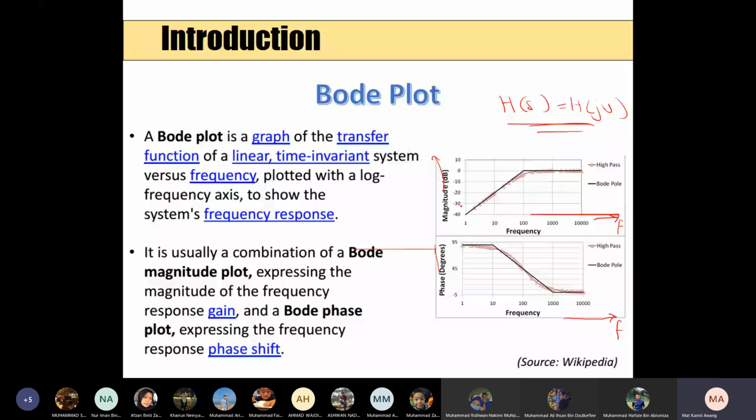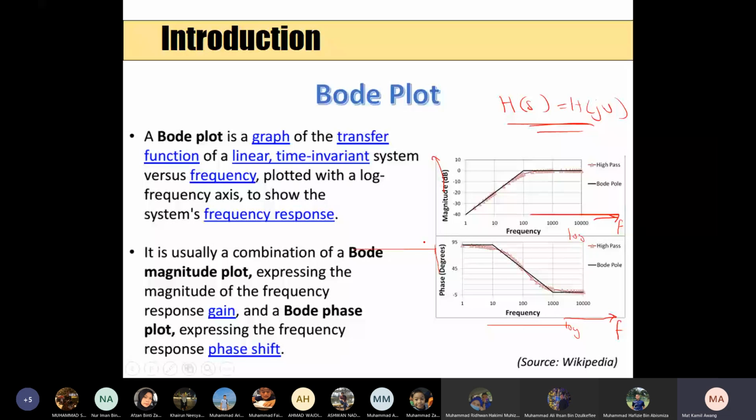And normally for the frequency, we use the log scale, right? You use the log scale instead of a linear scale. And on the vertical axis, you use a linear scale. So a Bode plot is normally plotted on semi-log graph paper.